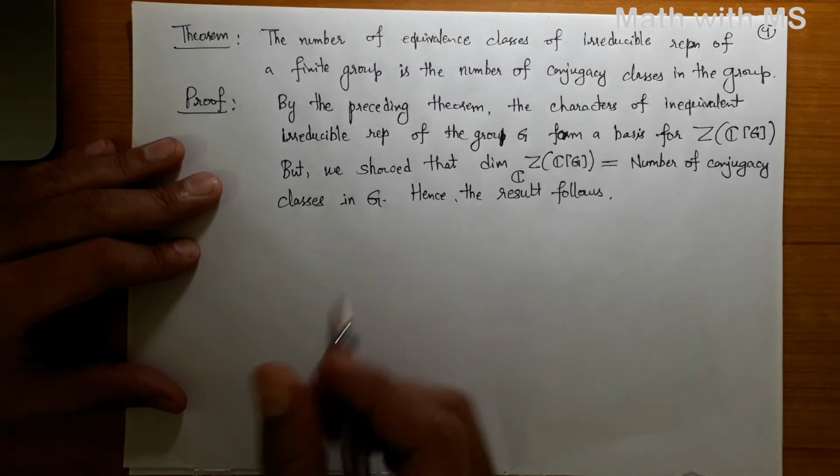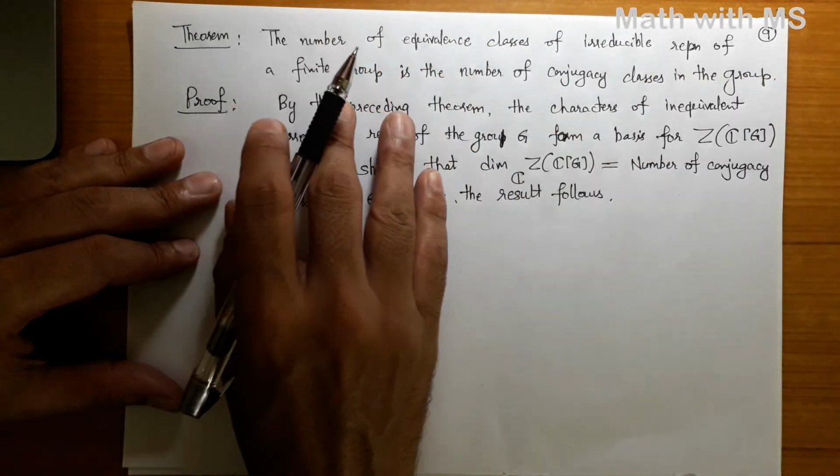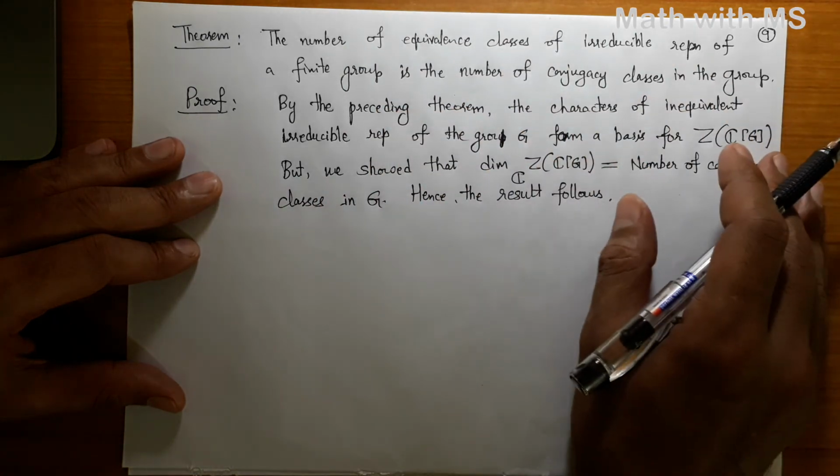Okay, very beautiful result that the number of equivalence classes of irreducible representations of a finite group G is the same as the number of conjugacy classes.